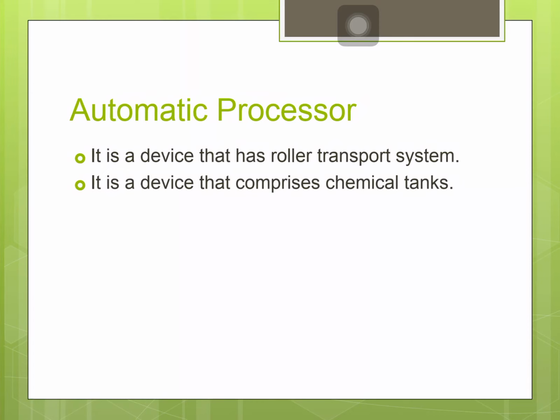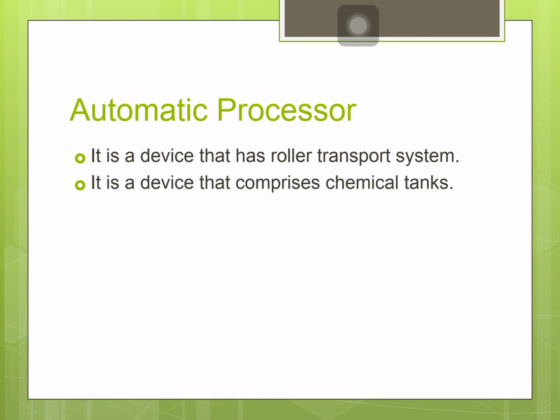Okay? So with the help of our roller transport system, it could pass through the different chemical tanks and will exit the machine with a manifest image. Actually, it will exit the film dry with a manifest image. Again, so anong ginagawa ni automatic processor?